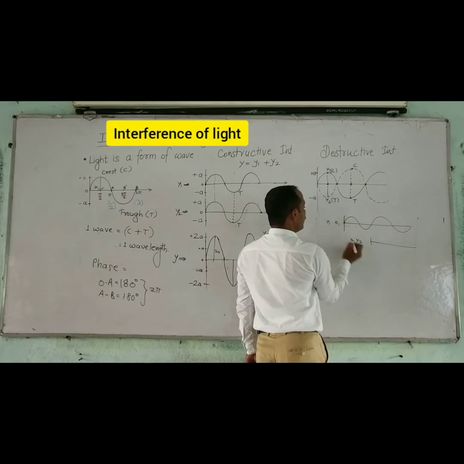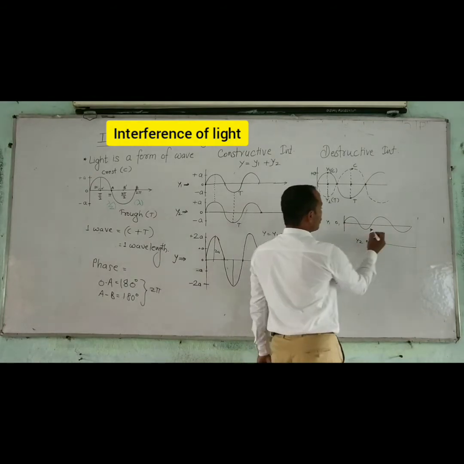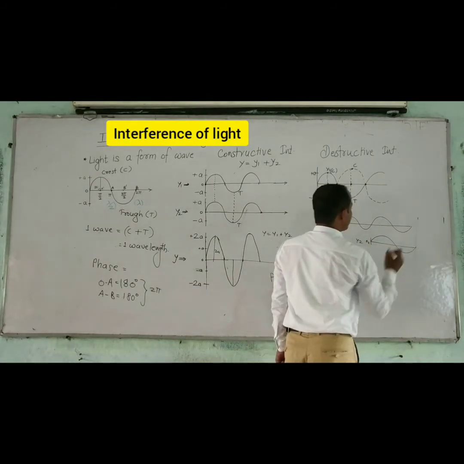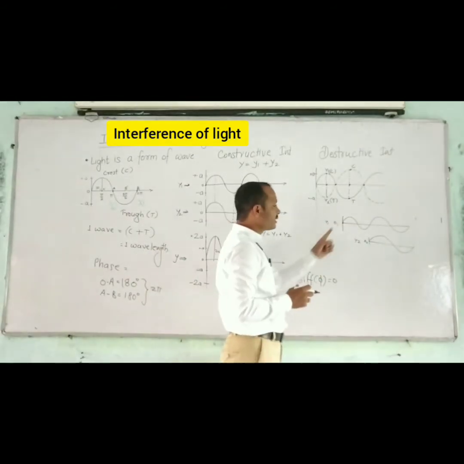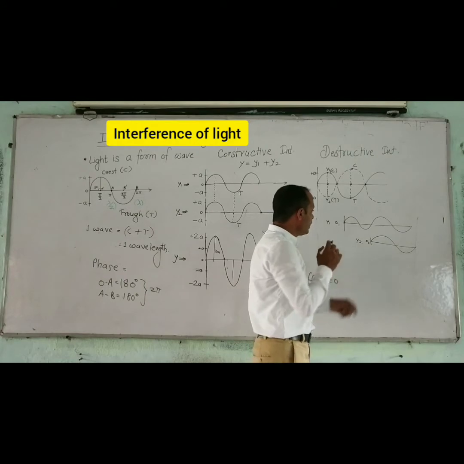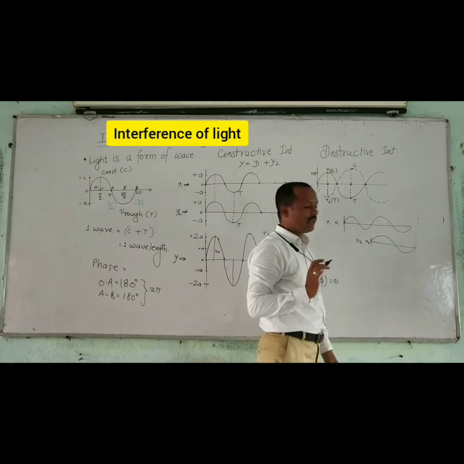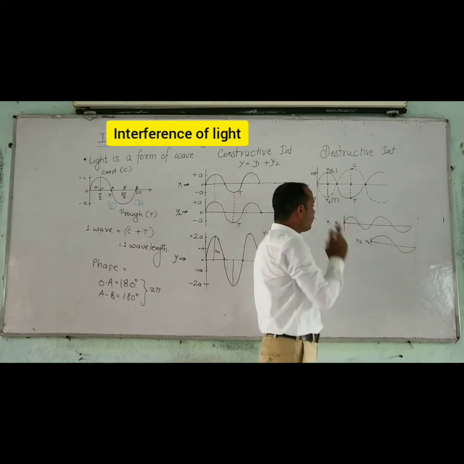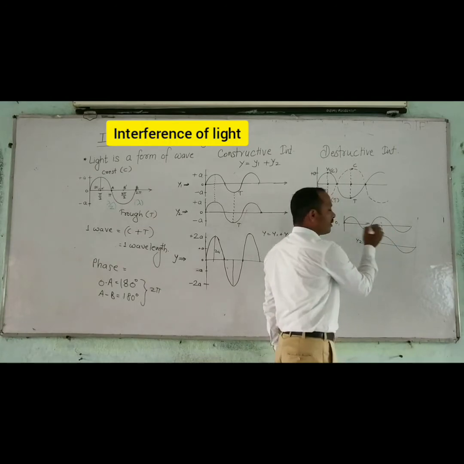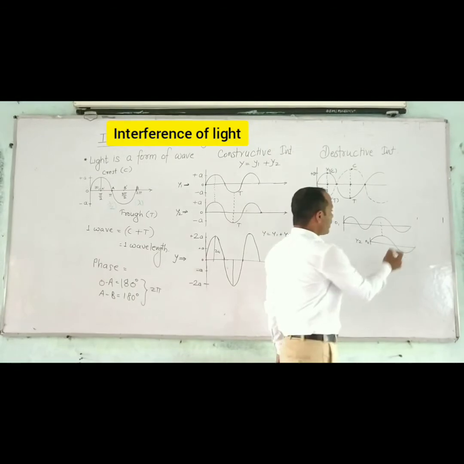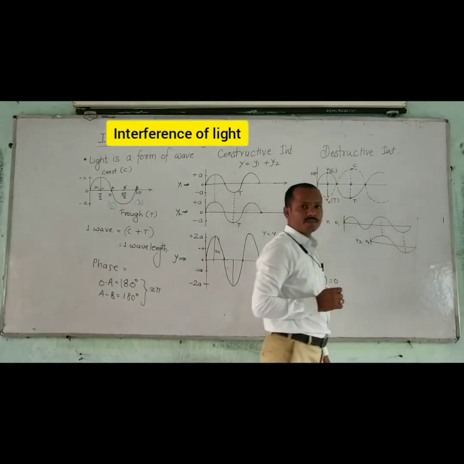y1 starts from O1 and y2 starts from O2. Suppose the wave is this. When we observe that both waves are in the same phase, but the starting point is different. As the starting point is different, what is the difference here? When we observe that crest of the one wave coincides on the crest of the other, and trough coincides on trough of the other.